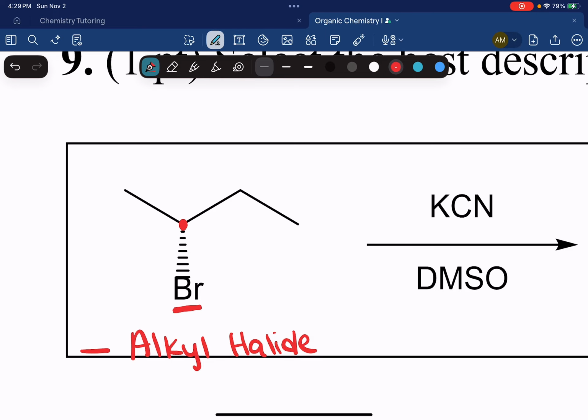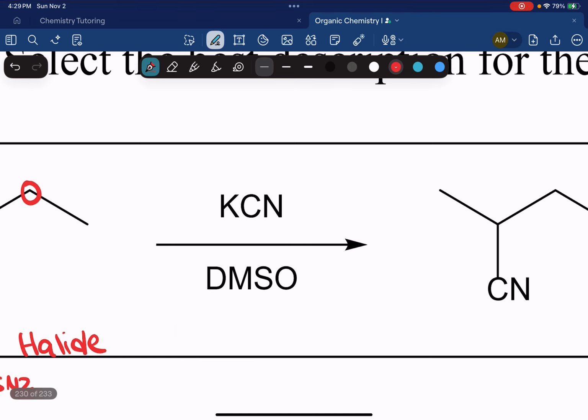Yes. Secondary. All right, now we're tricky. Because it's a secondary. Secondary can be either SN1 or SN2, right? So now we have to look over here at our solvents, right? This is our nucleophile. Positive, negative.